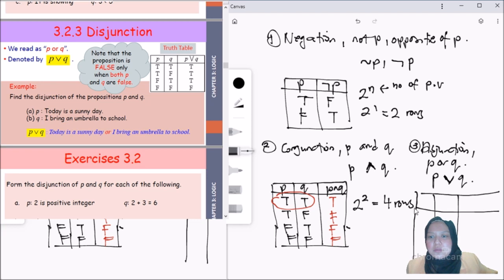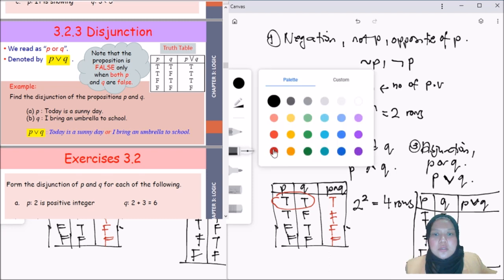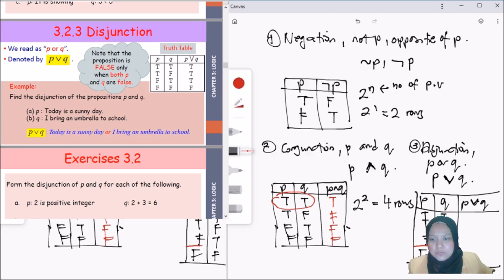P and Q, the truth table: true, true; true, false; false, true; and the last one is false, false. The proposition P or Q is false here, when both P and Q are false.